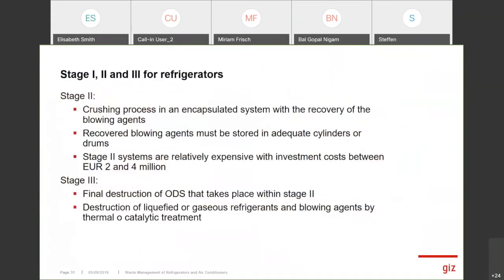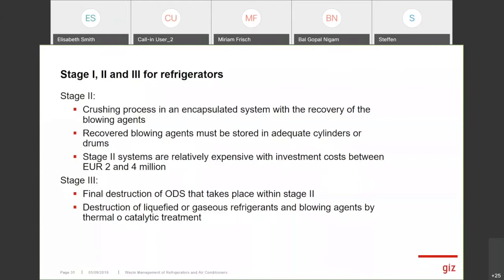Well, stage 2 is the crushing process in an encapsulated system with a recovery of the blowing agent. Encapsulated system is very important to mention because during the crushing process, the blowing agent will escape and it has to be recovered.